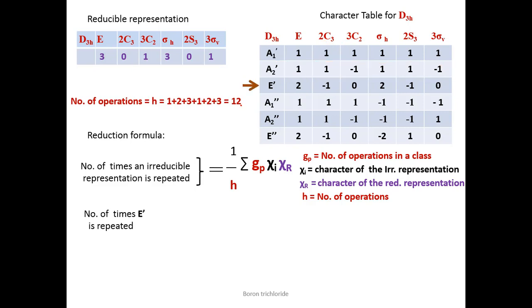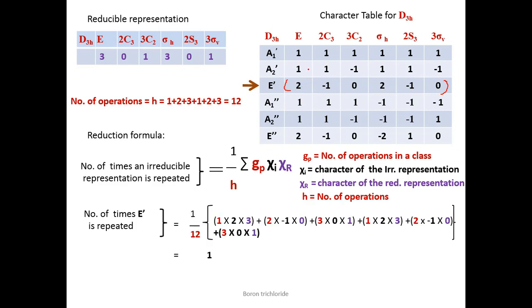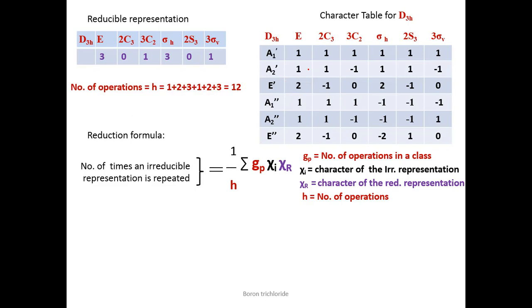Next is E dash. Now you have to look at the characters against E dash alone. That is these characters. Forget all the other characters and find out the number of times E dash is repeated. This is 1. E dash is repeated one time. Next is A1 double dash.